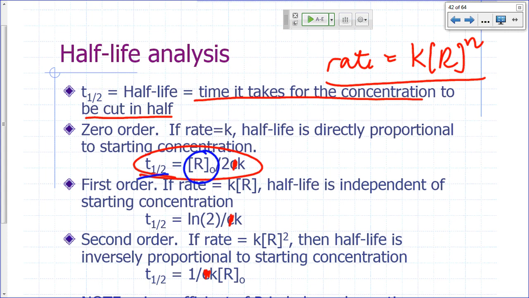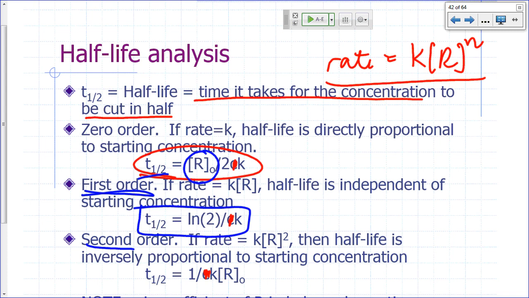The time it takes for that concentration to get cut in half gets shorter, okay? Whereas if it's a first-order reaction, you'll notice that your half-life is a constant. It doesn't matter what your starting concentration is. It doesn't matter what concentration you're at. The time it takes for that concentration to get cut in half is the same. It's constant. That's how you can tell it's first order.